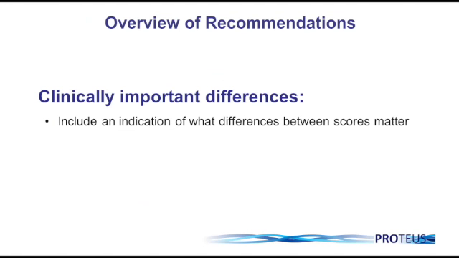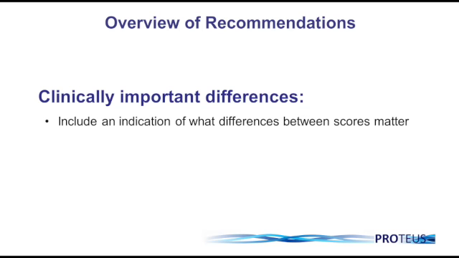How to indicate whether differences between treatment arms are clinically important is another issue included in the recommendations. While the consensus panel felt that it is important for patients to know whether differences are clinically important, there was insufficient evidence regarding how best to convey this information.